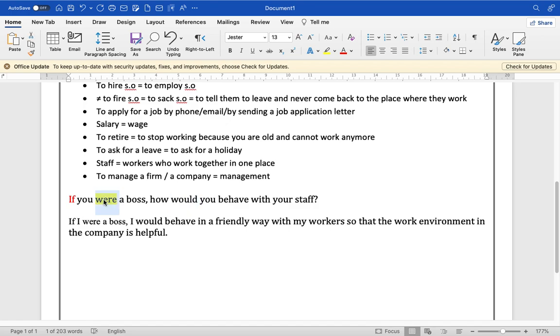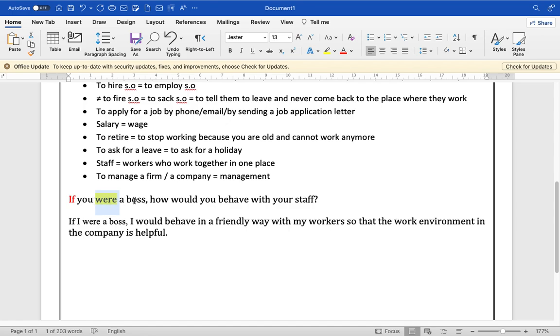Speaking of the unreal past, we use the fourth type, in which we have the past perfect here. If you had been careful, had been, past perfect. And in part 2, we use could have or should have or would have plus past participle.